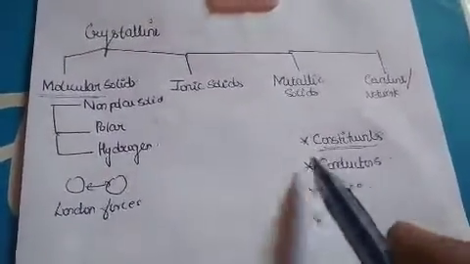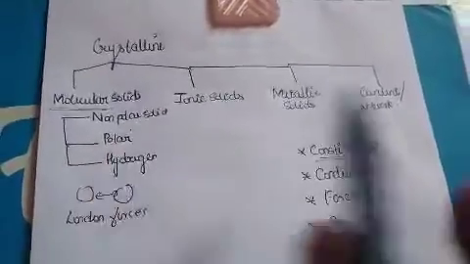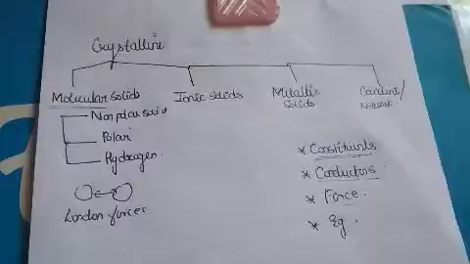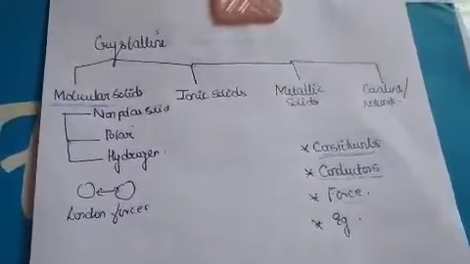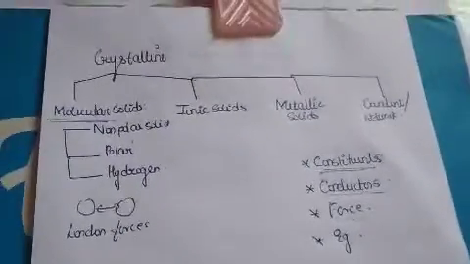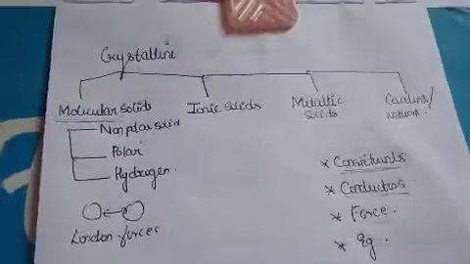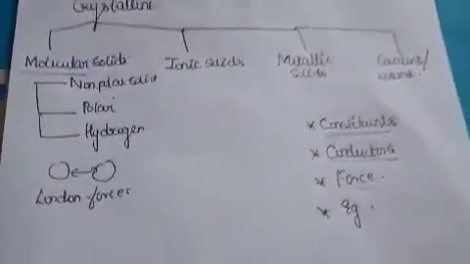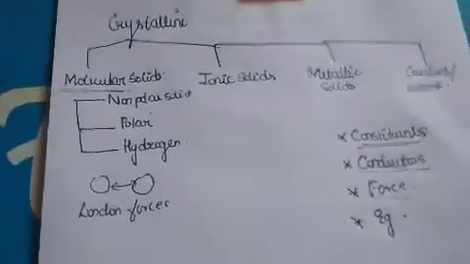They are very soft and also bad conductors of electricity. Examples are noble gases like helium and argon, and even molecules like chlorine and hydrogen in the solid state. Those are called non-polar solids.